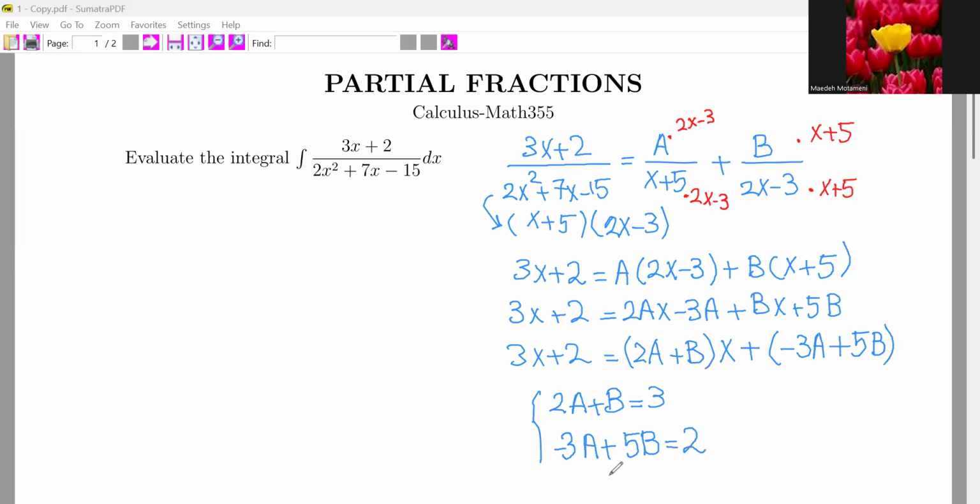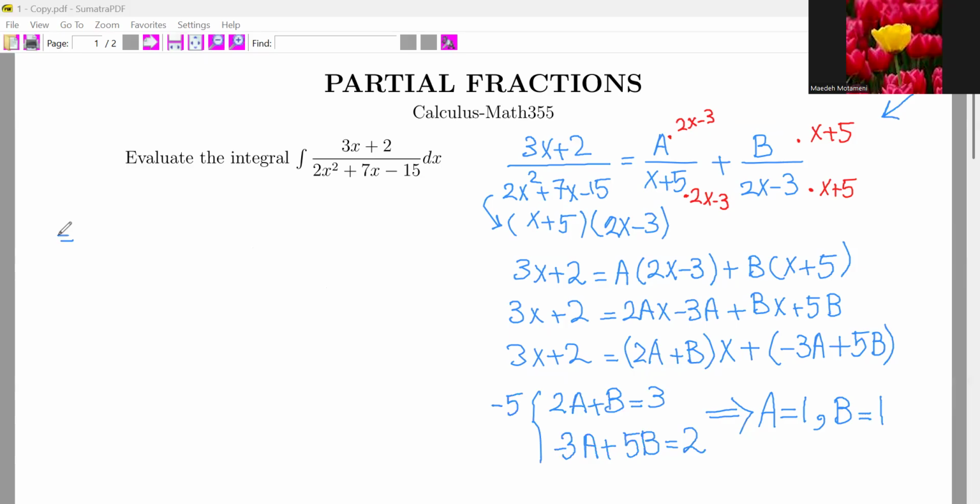So you have different options. You can multiply the first one by negative 5, or you can switch the coefficients of 2 and negative 3. Whatever you do, the answer will be A equals 1 and B also 1. We would plug these two back here.